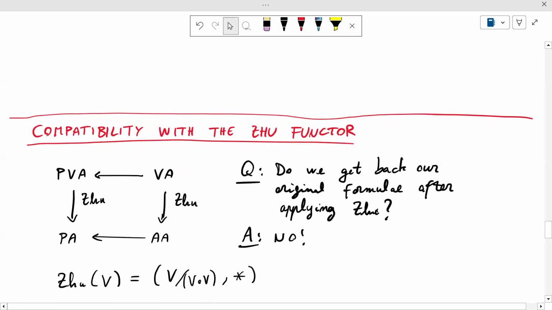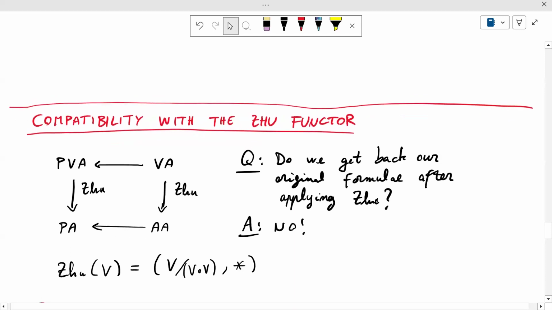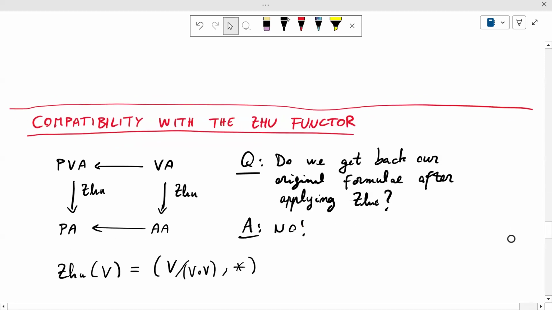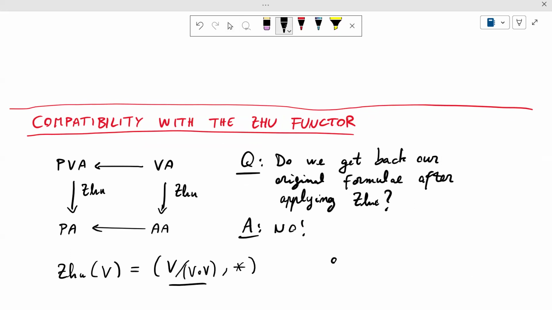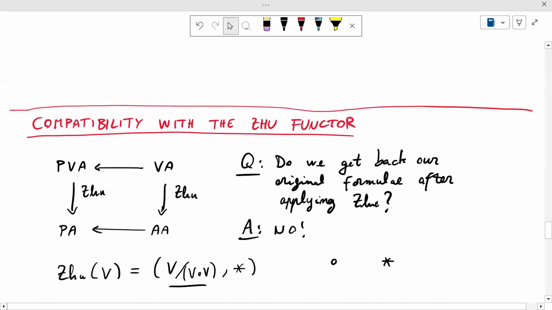To explain that, I'll recall some things about this G functor. This is essentially a quotient. To a vertex algebra V it associates this new algebra that as a vector space is this quotient. One has to define these new products, circle and asterisk. Fortunately, one finds out that this space here is actually an ideal with respect to this new asterisk product.